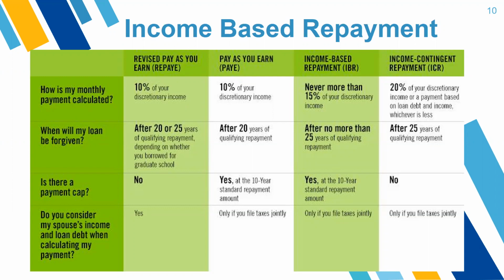There are also different terms with loan forgiveness. With some of these payment plans, you're forgiven after 20 years of payments. With others, it's 25. It's important to consider all of these differences when you're choosing which plan makes the most sense for you.